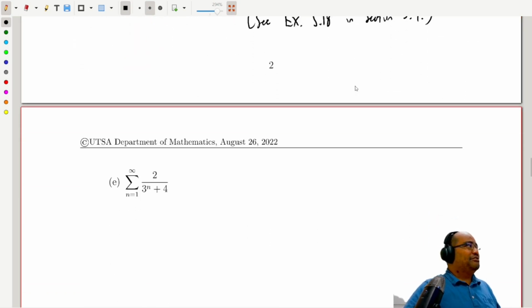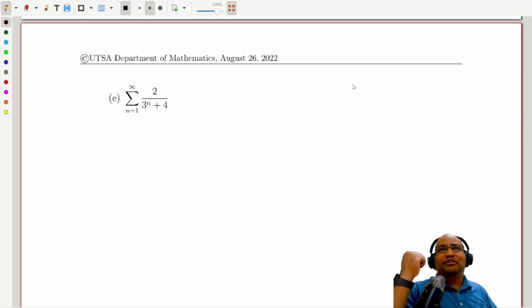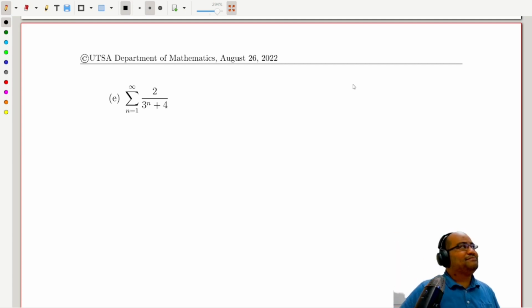All right, we're just going to keep powering on here. All right, 2 over 3 to the n plus 4. Now we have some exponential stuff in there. Let's think highest order terms. Well, I know that exponentials dominate constants. So if I just drop off the plus 4 in the denominator, I have something that looks like 2 over 3 to the n.